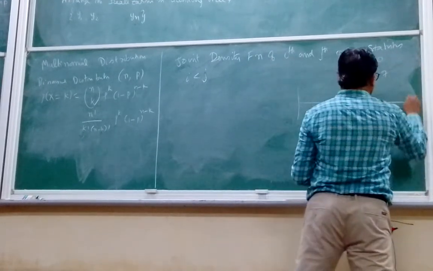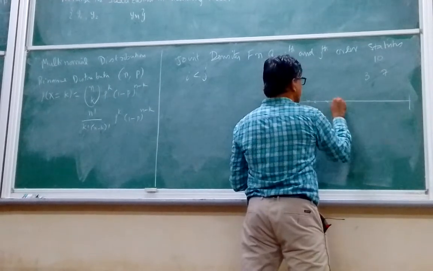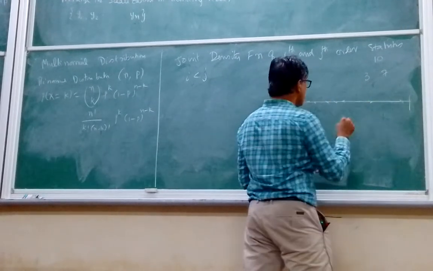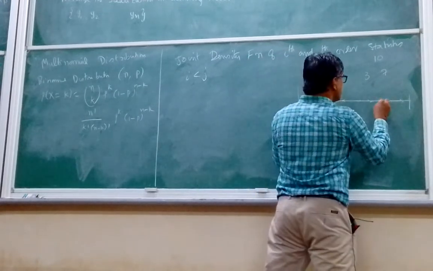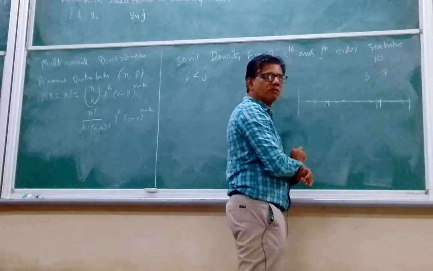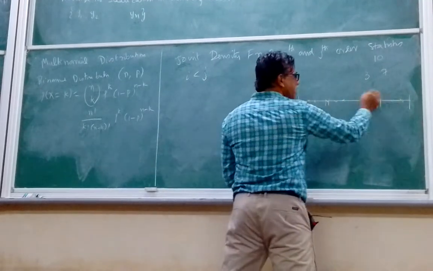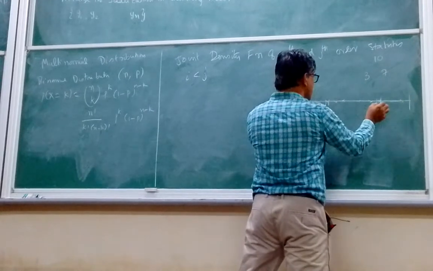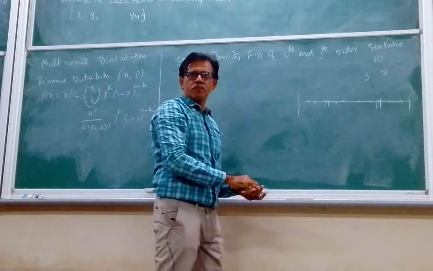So again, look at this, this is the support. I look at different realizations, but the third minimum has to be here and the seventh minimum has to be here. Third and seventh can be in any place, but third has to be prior to seventh, that is obvious. Okay.